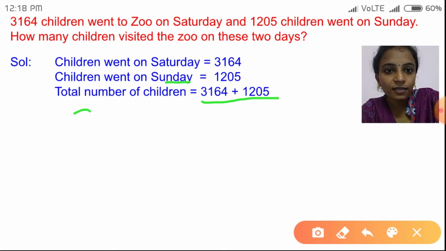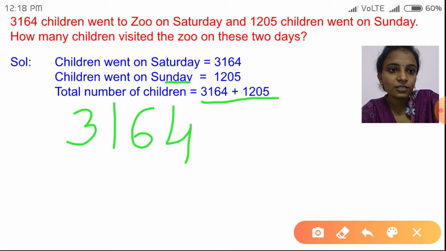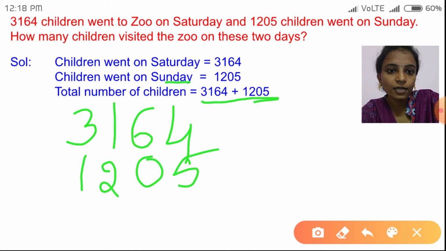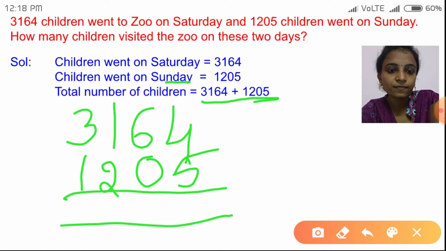Shall we add? 3164 and the next one, 1205, right? We have to count.